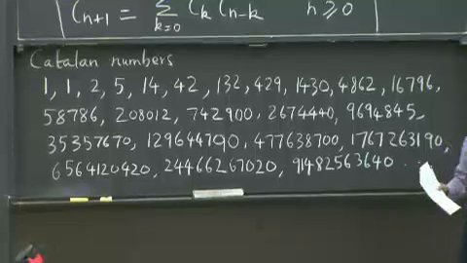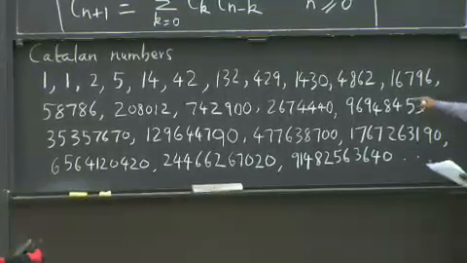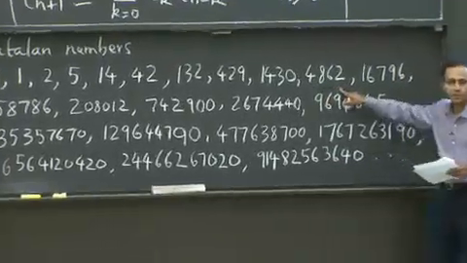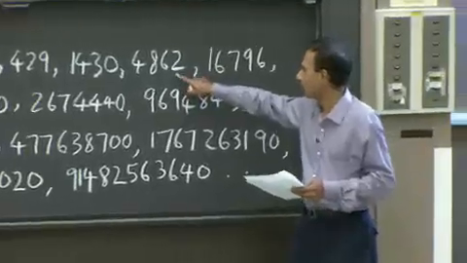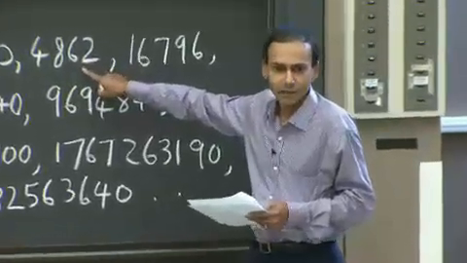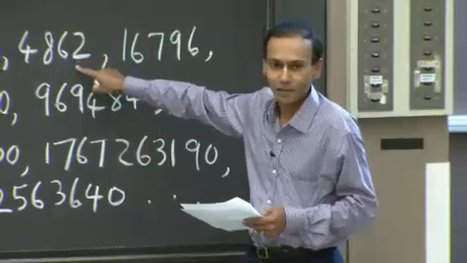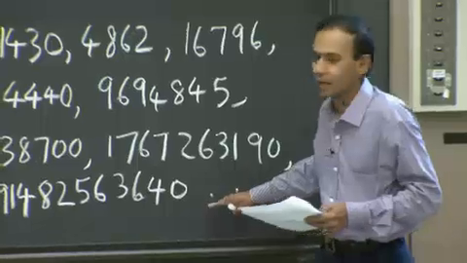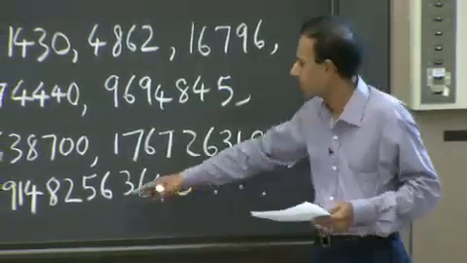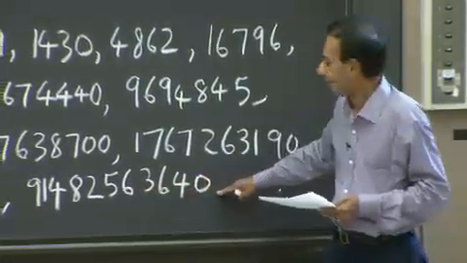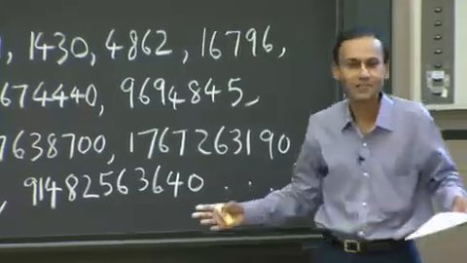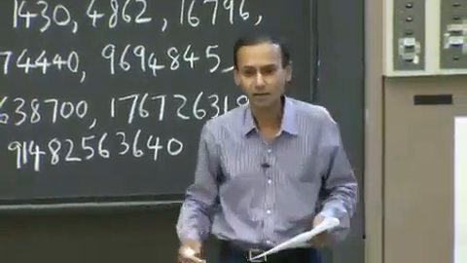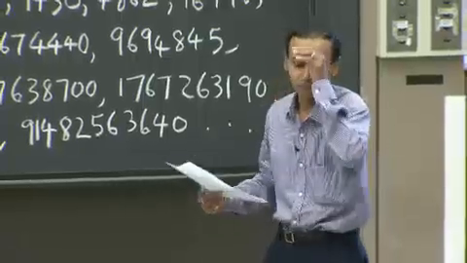Or when you're writing computer programs, or you're driving on the road, the next time you see a license plate 4862, turn around and tell your mom or dad, hey, that's the Catalan number, right? And maybe she'll be impressed. You could make up a bumper sticker, and you could have C17 as a bumper sticker on your car.